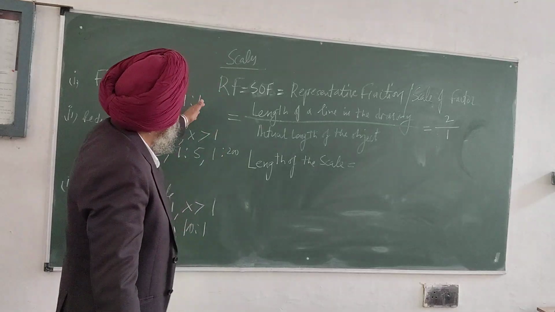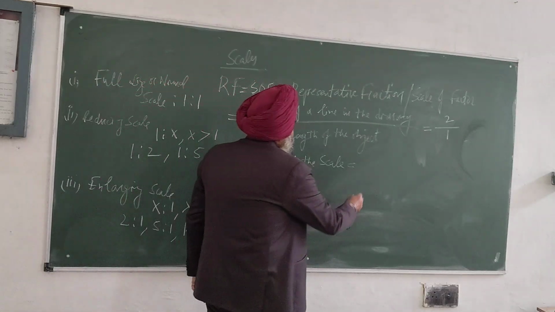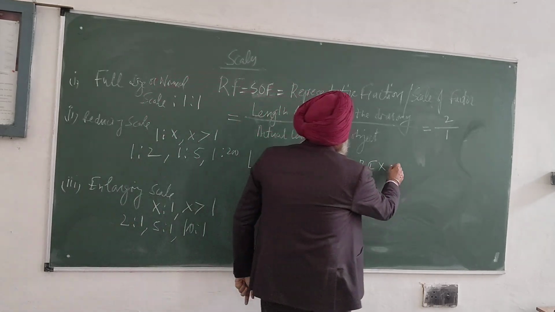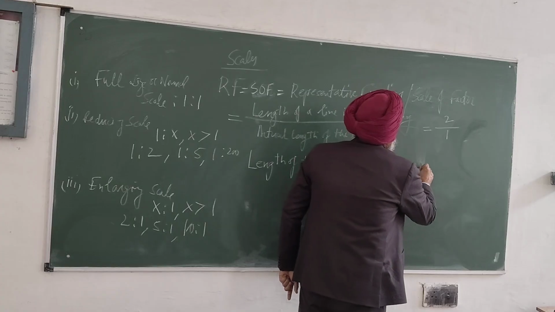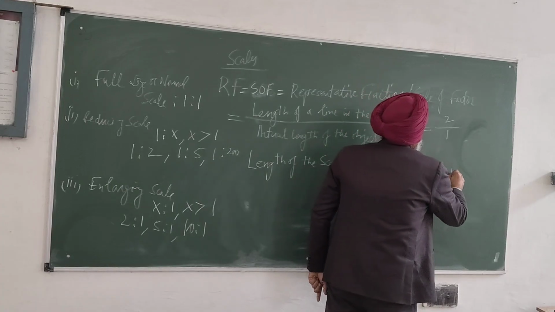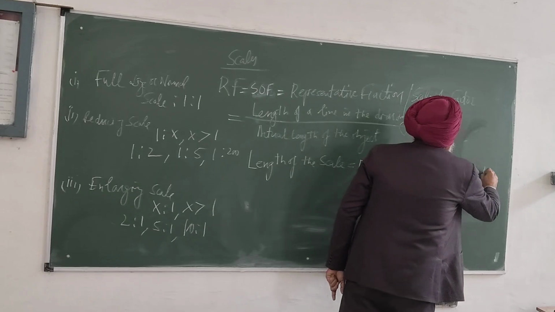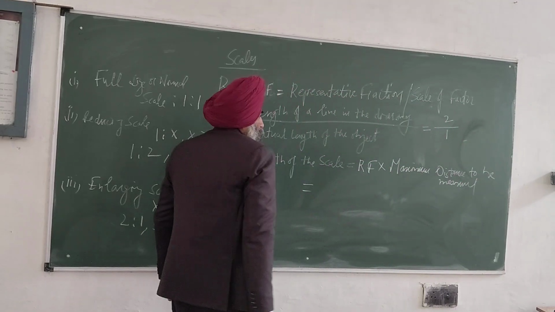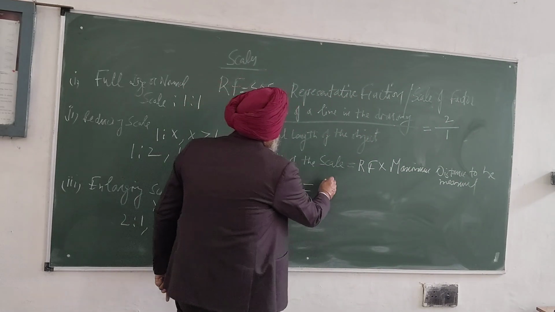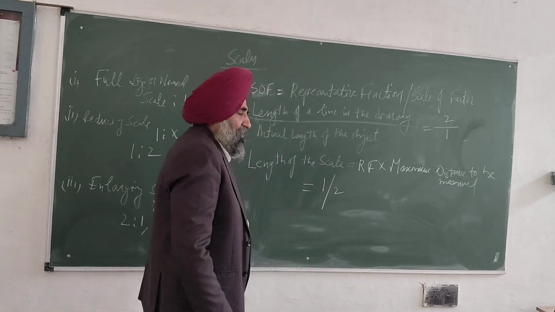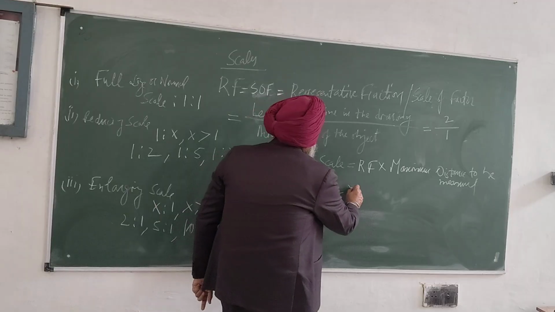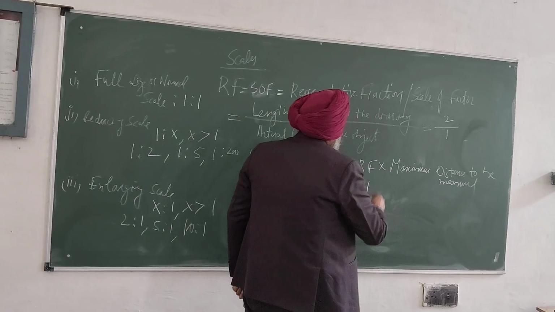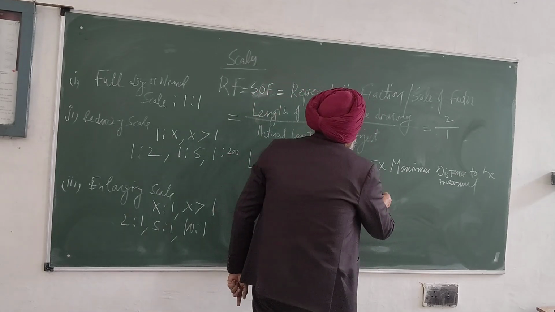I am giving you just a clue of the RF and LOS. LOS is RF, the representative fraction, into the maximum distance to be measured. Let us assume the RF given to you is 1:2, which has no units, and the maximum distance to be measured is 20 centimeter.